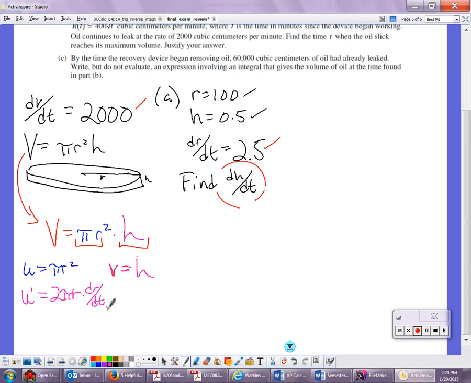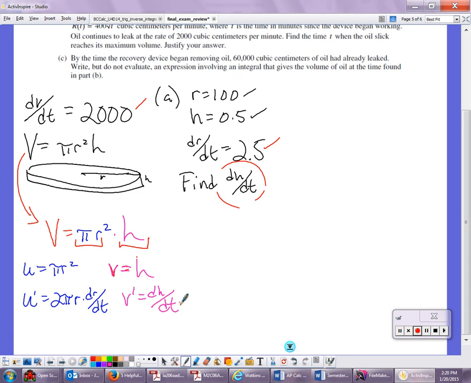Then for v prime, we're taking the derivative of v, that's h, with respect to t as well. So we get 1 times dh/dt.